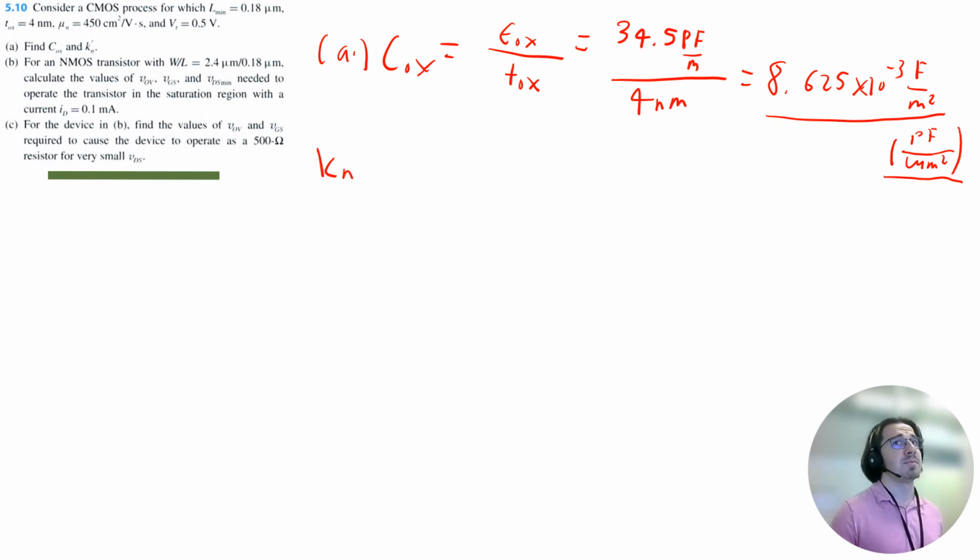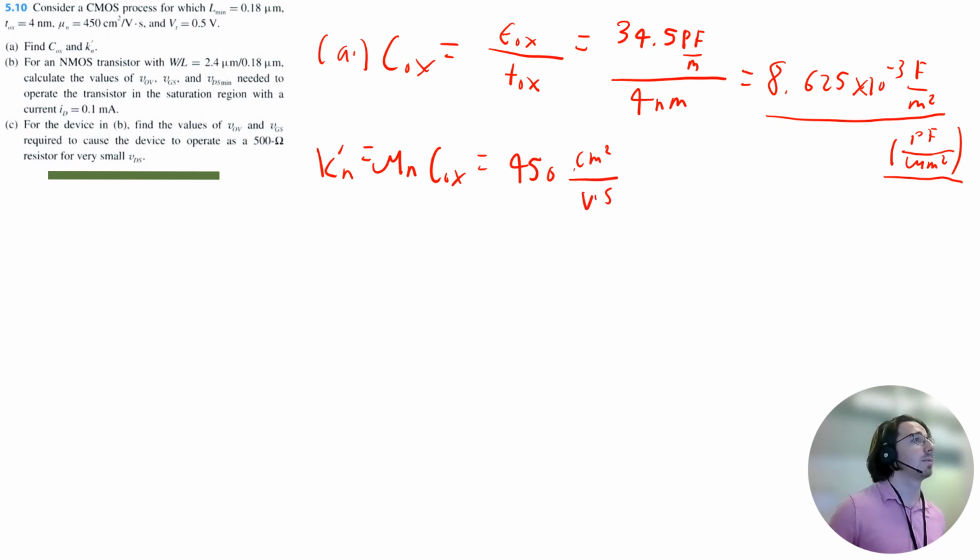Now Kn prime is equal to mu sub n times C sub ox. So mu sub n is 450 centimeters squared per volt second times C sub ox, which is 8.625 times 10 to the negative 3 farad per meter squared.